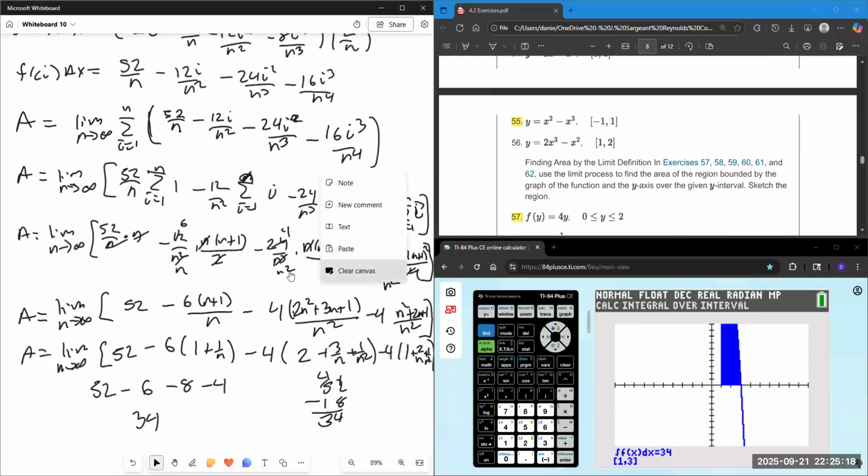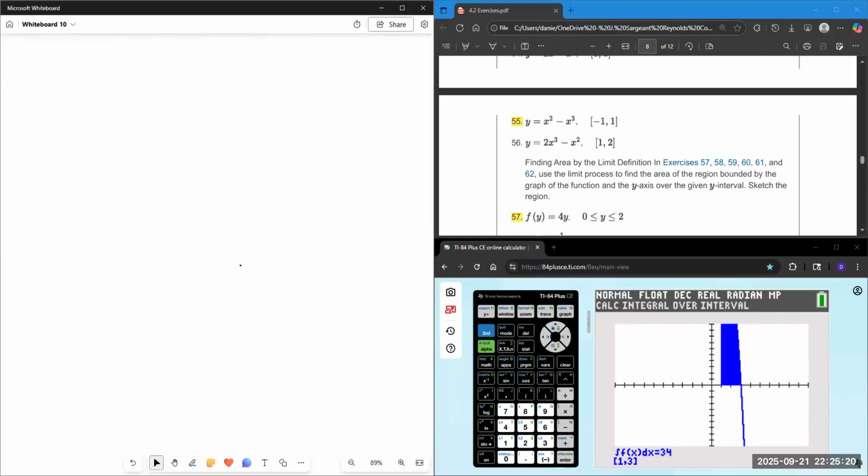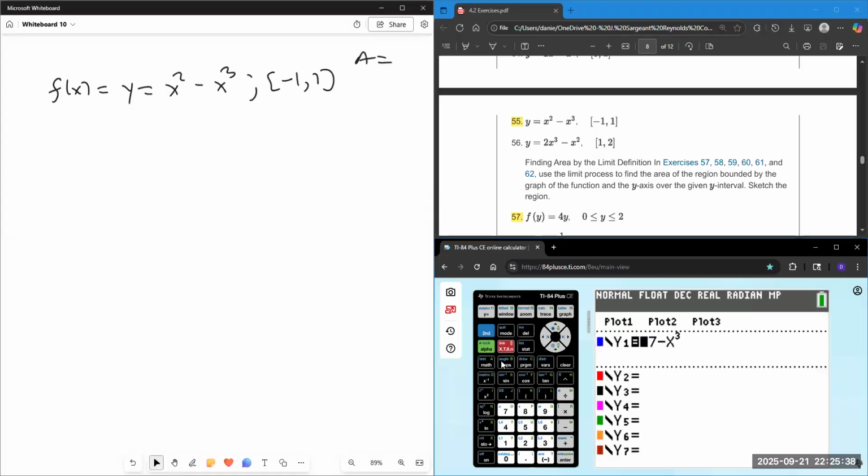Let's look at number 55 now. F of x is equal to y is x squared minus x cubed on the interval from -1 to 1. My exact area is going to be x squared minus x to the third.